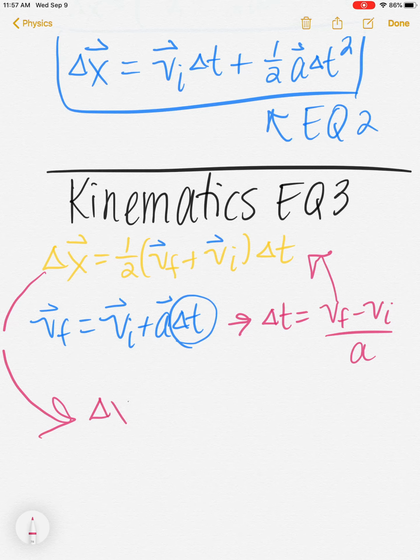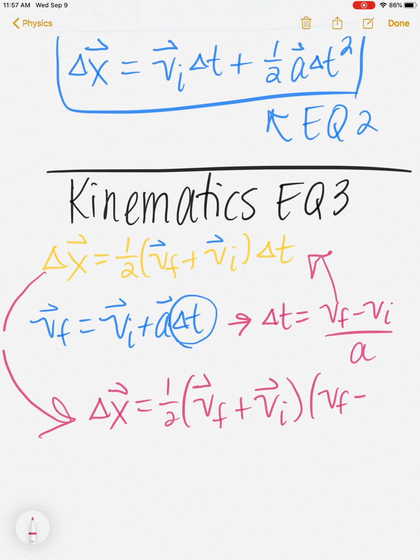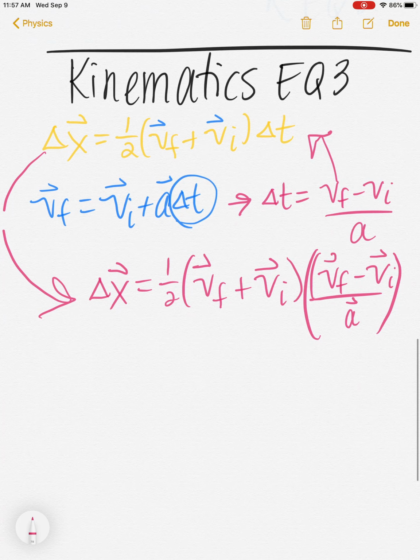All right, so we can substitute this in for time in our yellow equation. That's going to give me displacement equals 1/2 times the quantity final velocity plus initial velocity, times the quantity final velocity minus initial velocity, all over acceleration, because that's the same thing as time. All right, so what I'm gonna do is distribute this 1/2 and kind of clean it up.